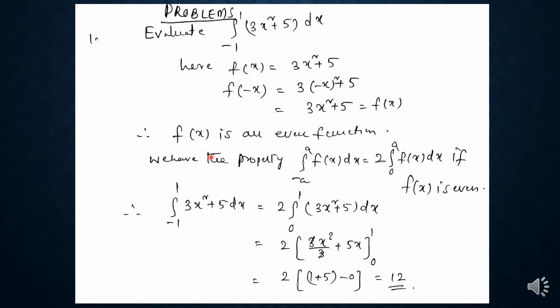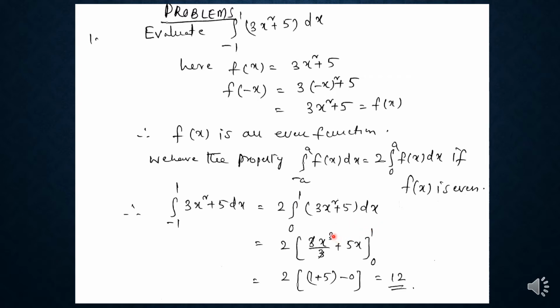So by using the property, integral minus a to a of f(x) dx can be written as 2 times integral 0 to a of f(x) dx if f(x) is even. Now in this case f(x) is even, so integral minus 1 to 1 of (3x squared plus 5) dx is equal to 2 times integral 0 to 1 of (3x squared plus 5) dx.